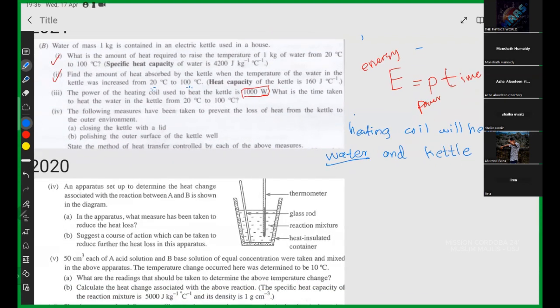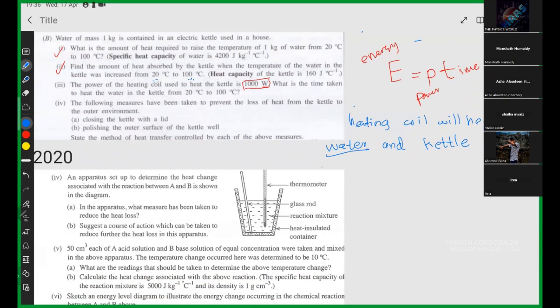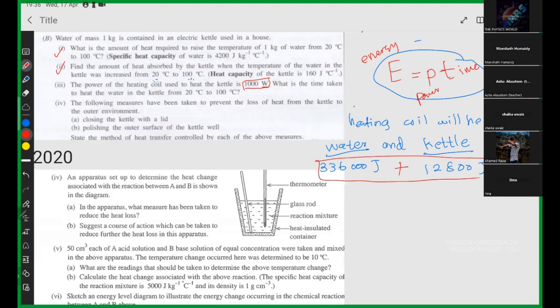We found it earlier from the first question: 336,000 joule. And for the kettle, this much heat was needed. So when you use this equation, you will be adding these two, the sum for energy, power into time.